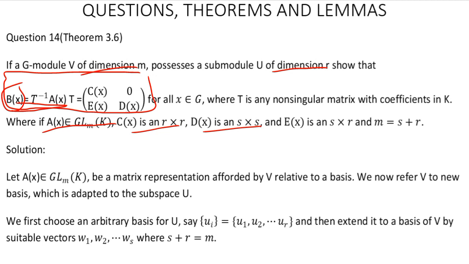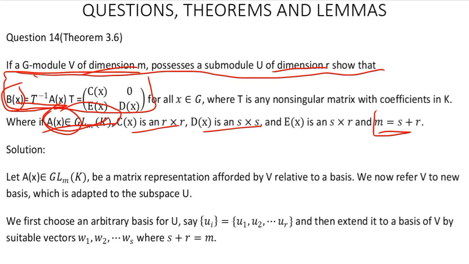The sum of S and R gives us M, which is the dimension of the representation matrix A(x). So we want to show that once you have this G module with a submodule, you would get this particular representation. Let's see if that's possible.